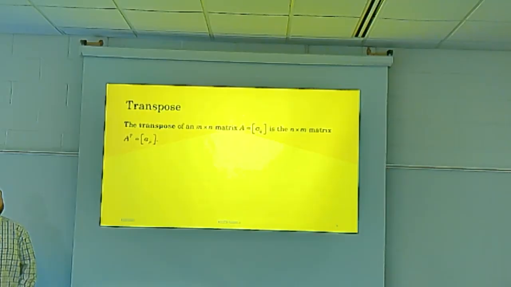And notice the only difference: your columns and rows switch. So the ij entry in A is the ji entry in A transpose, which means the resulting size is n by m.